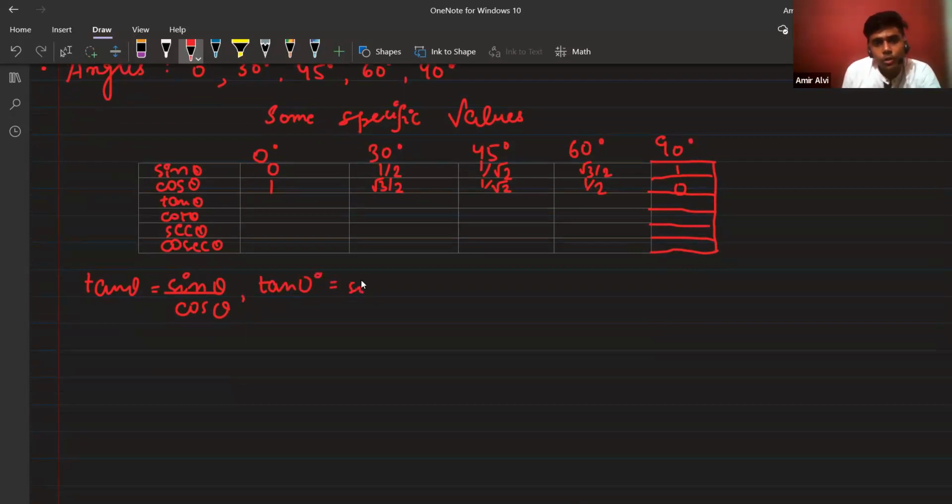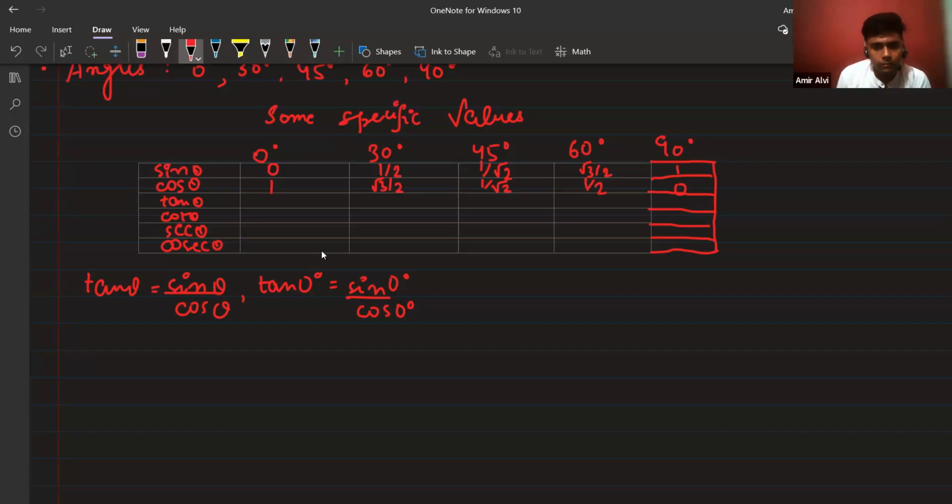It should be sin 0 by cos 0. I'm trying to explain this so that if you know these 6 angles of sine and cos, you can easily calculate the other values. You don't need to memorize everything. When you get accustomed to it, you will easily remember and recall other values as well.